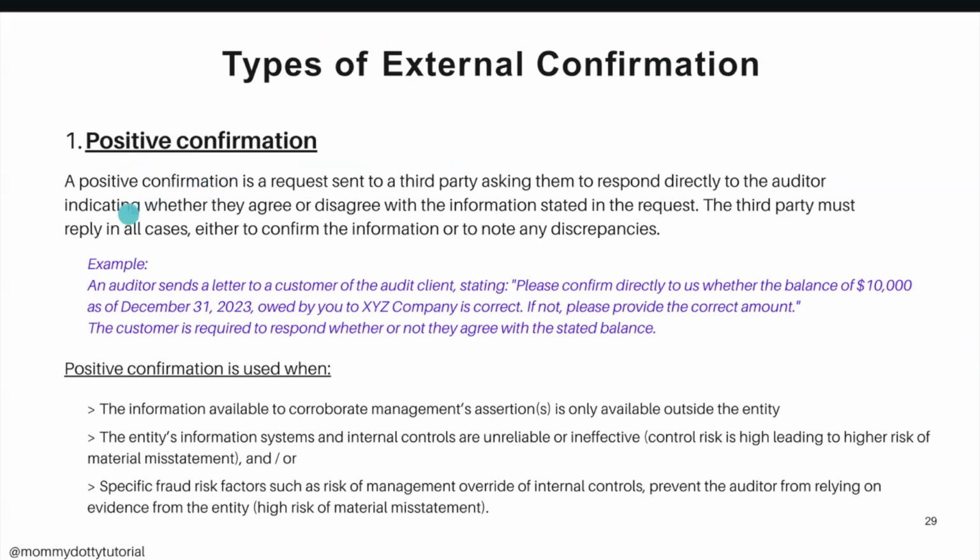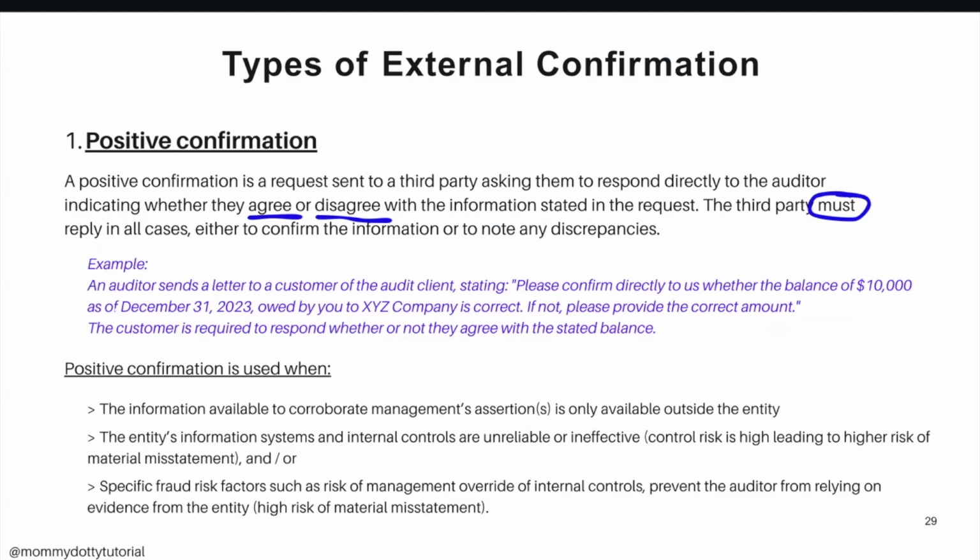Let's start with the positive confirmation. A positive confirmation is a request sent to a third party asking them to respond directly to the auditor, indicating whether they agree or disagree with the information stated in the request. The third party must reply in all cases, either to confirm the information or to note any discrepancies.